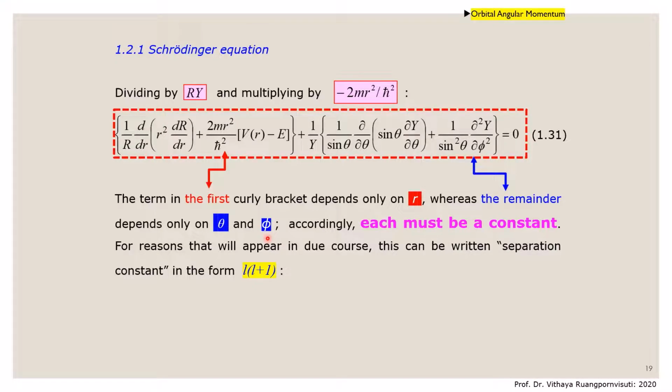Accordingly, each must be constant. For reasons that will appear in due course, this separation constant can be written in terms of l times l plus 1, as a term of the angular momentum.